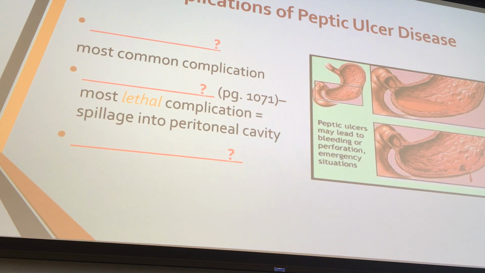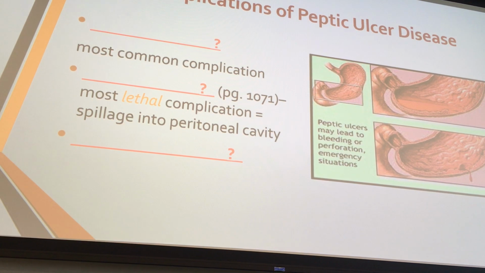If you have a perforation, that could be even worse, right? Because it's kind of a slow bleed. And it's really the most lethal of the complications. And the worst thing about it is that you can have the spillage go right to the peritoneal cavity. And if you have an obstruction, you know what that means. Basically, everything's just backing up.